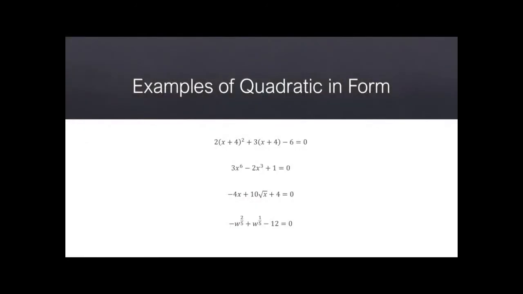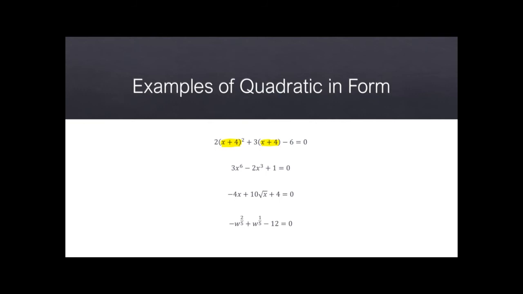So some examples that are quadratic in form are here. This first one is the easiest to recognize because you have something as a middle term, and then that same thing is squared. So if you did a substitution for x plus 4, you could have 2u squared plus 3u minus 6. So that's the easiest way to see if it's something that is quadratic in form.